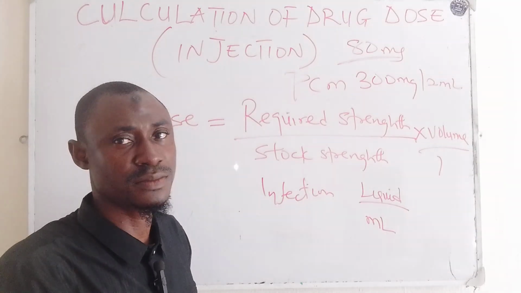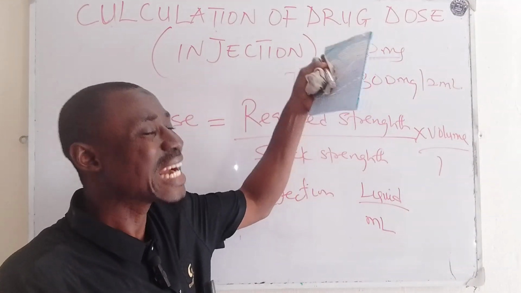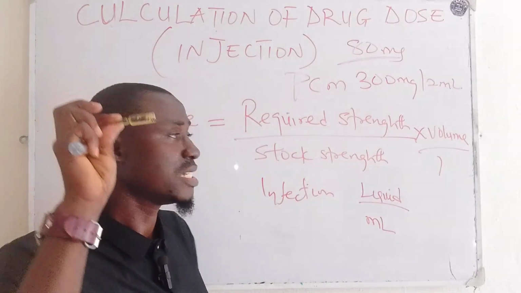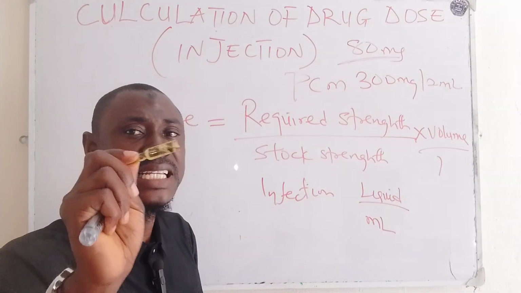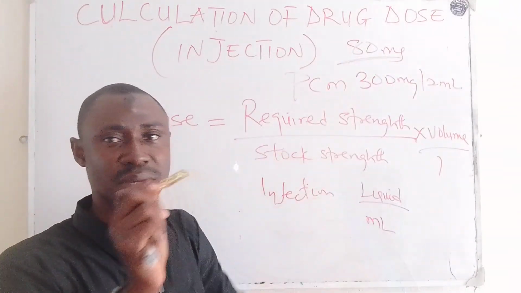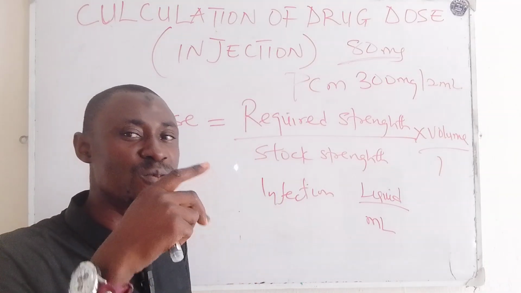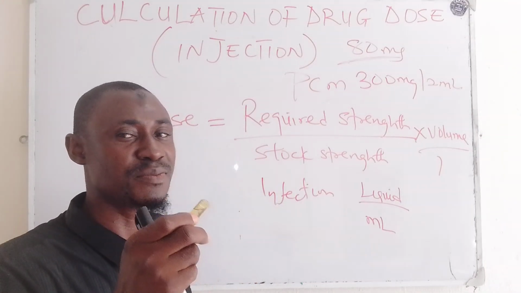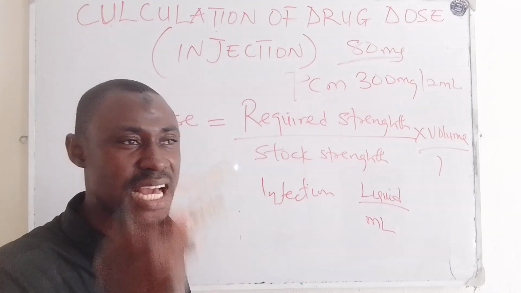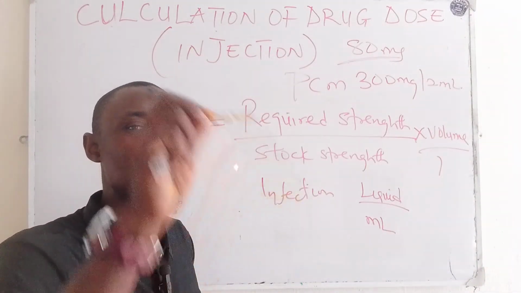It's not possible. The only possibility is to get the equivalent of this 80 milligram using this formula. Whatever you get in mils will be the equivalent of this 80 milligram. In other words, this formula is used to convert a drug that is in milligram, gram, or any other unit to the equivalent in mils.